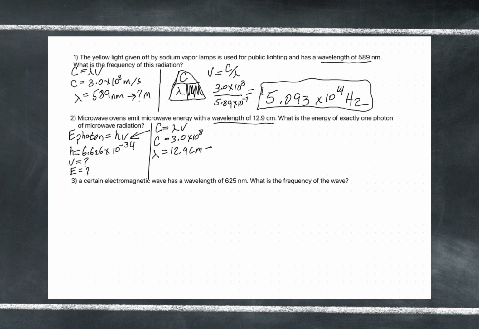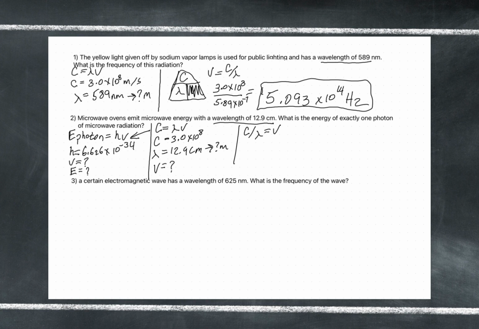We want to convert that to meters, and we're solving for v. We go back, and just like we did on our last one, solving for frequency is speed of light divided by lambda equals frequency. So we just need to be able to convert our wavelength to meters before we do this calculation.